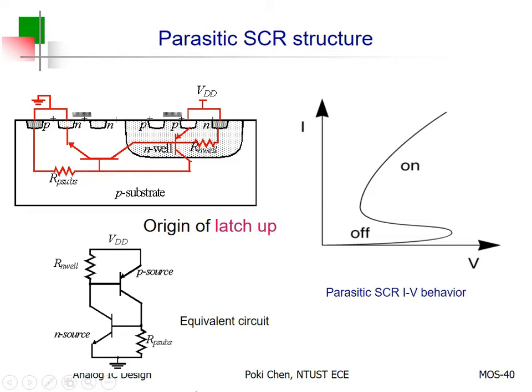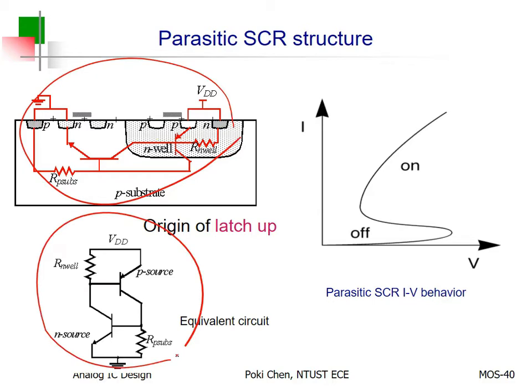For such parasitics, if you rotate it by 90 degrees, it looks like that. Such a circuit is called an SCR. It is used in power electronics, and so on. All right, and the parasitics look like that.